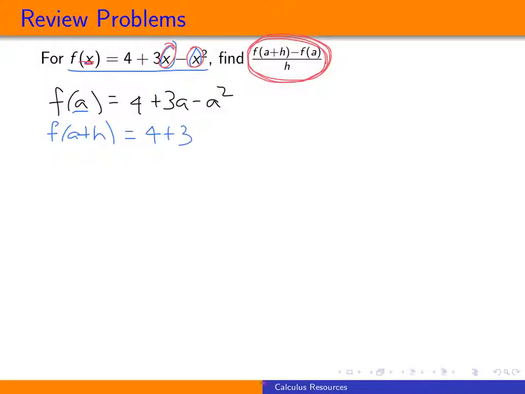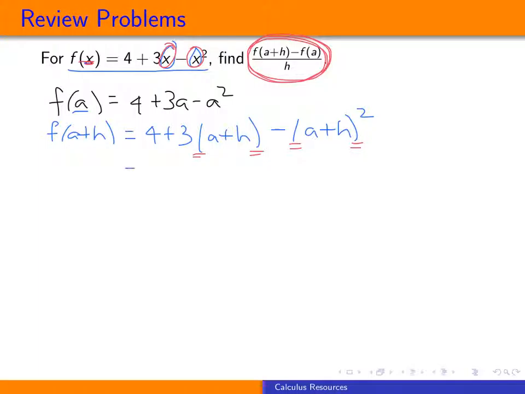Now that 3 needs to be times the entire a plus h, so here it's very important to put some parentheses. So we have 4 plus 3 times the quantity a plus h. And then again, since all of x is being squared in my original function, we want to square all of a plus h. So my parentheses here around that a plus h in both spots are very important.